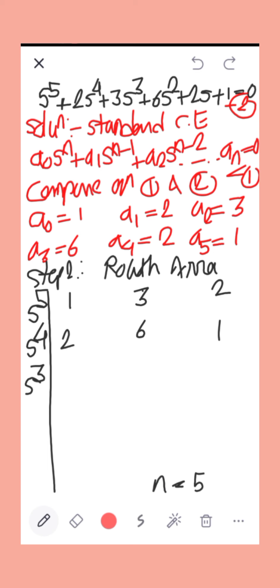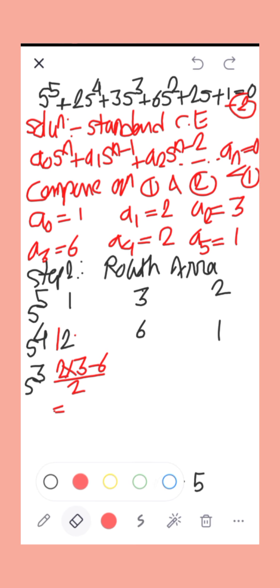Now s to the power 3. Okay, solve this: 2 into 3 minus 6 into 1 upon 2. That is 2 into 3 minus 6 into 1 upon 2. Answer: 0.